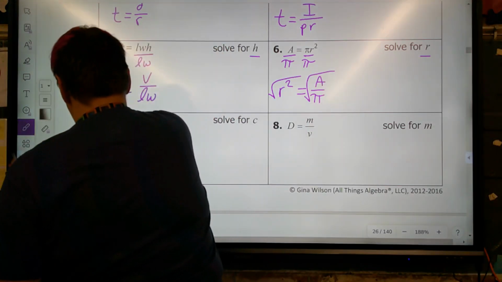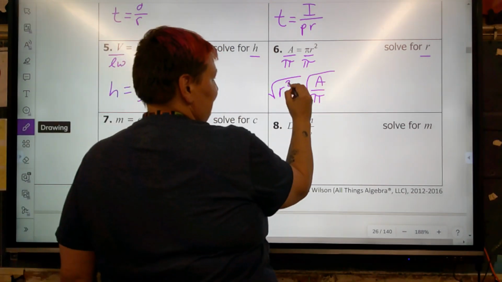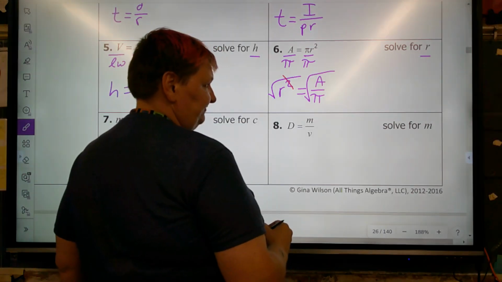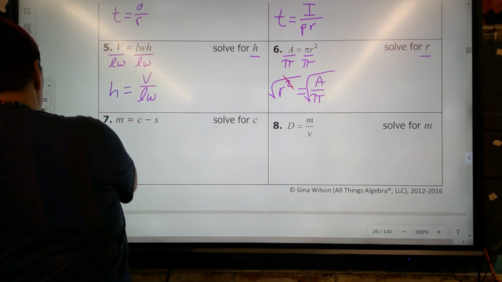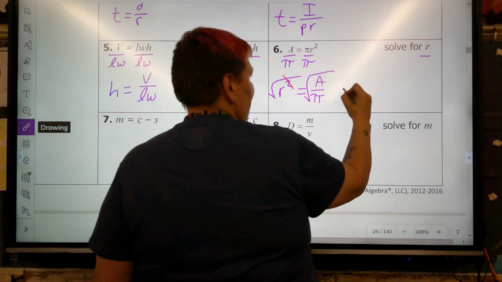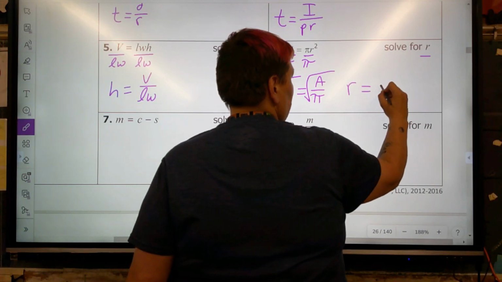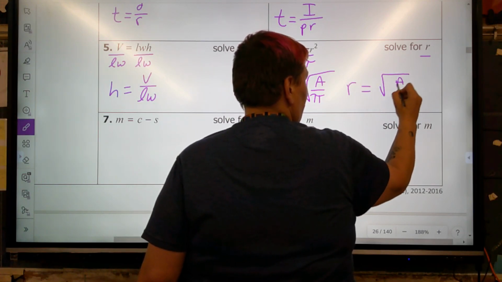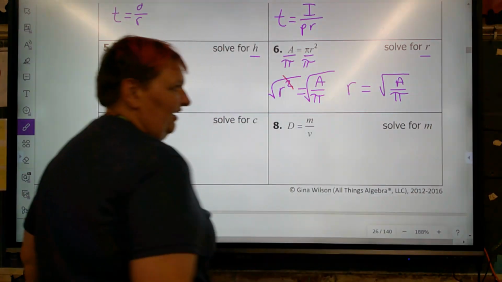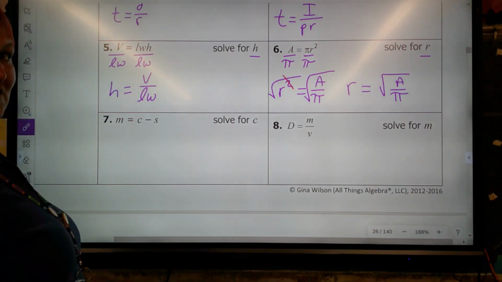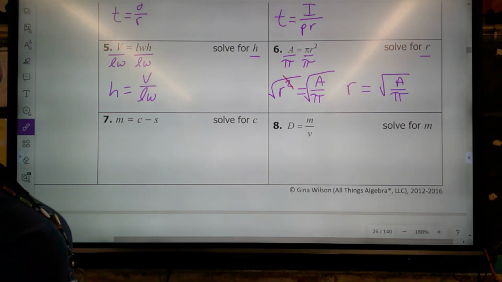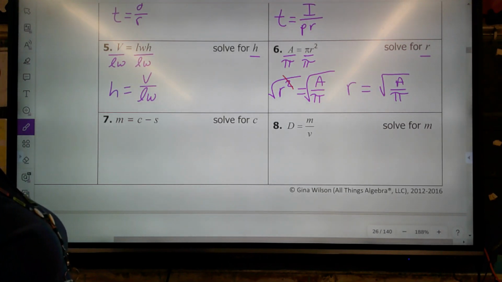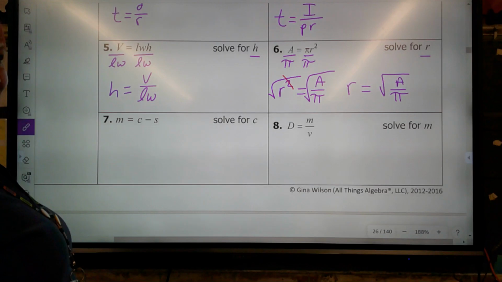And because we're finding the square root, that cancels the square. So what we're left with is r is equal to the square root of A over pi. I know that one was a little more complicated because we're not used to square roots, but we really need to be used to square roots because of the opposite of squaring something. Square root. Root of the square. Get it?